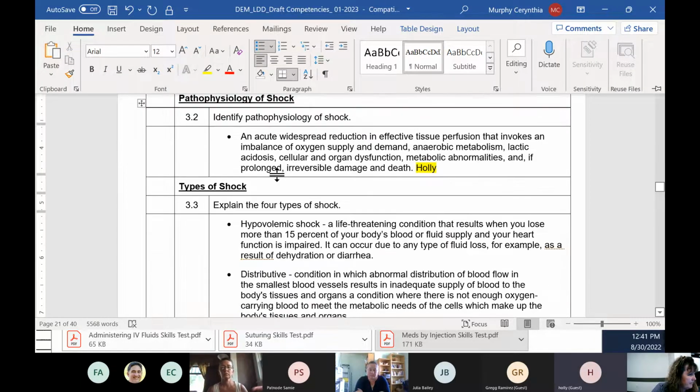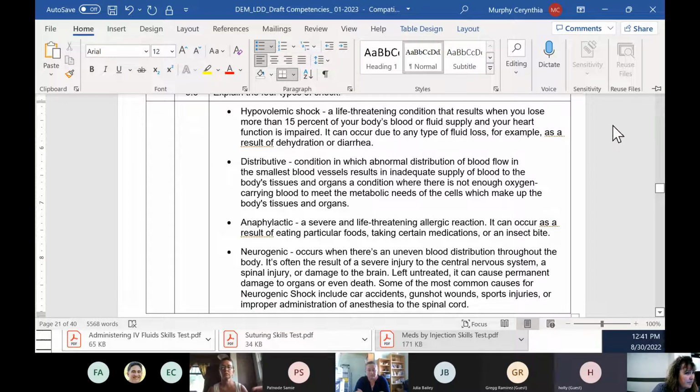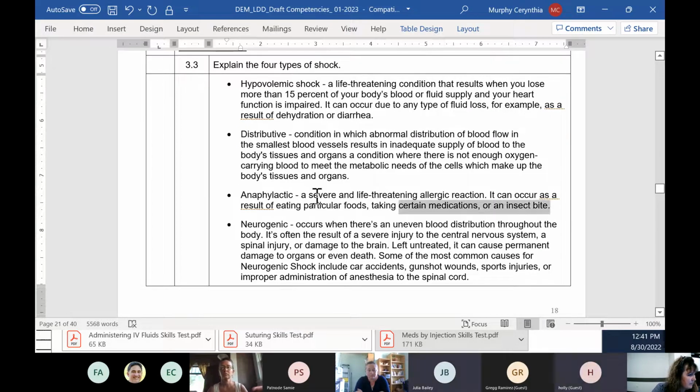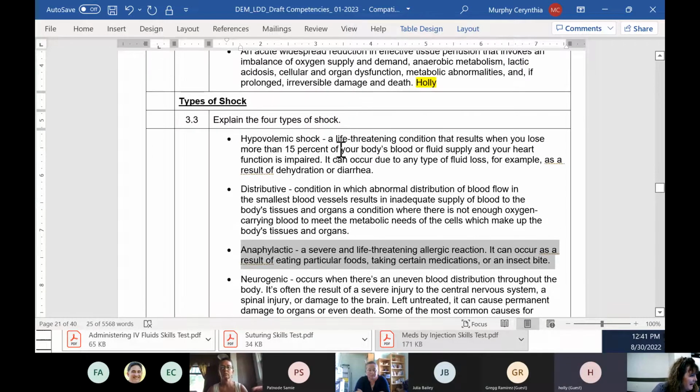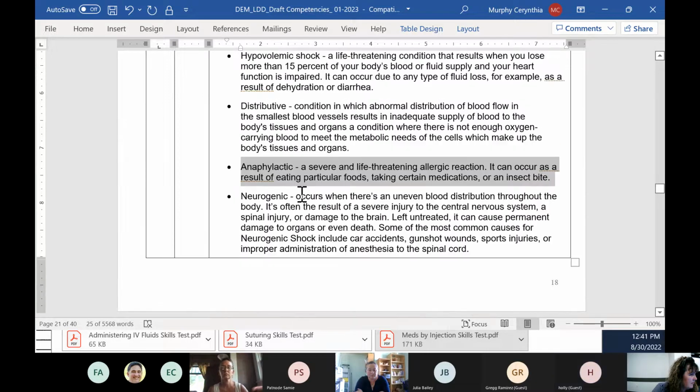Four types of shock. Distributive, anaphylactic. Well, anaphylactic is not one of the types. These are not correct. So it's hypovolemic, distributive, restrictive, and cardiac, I believe.